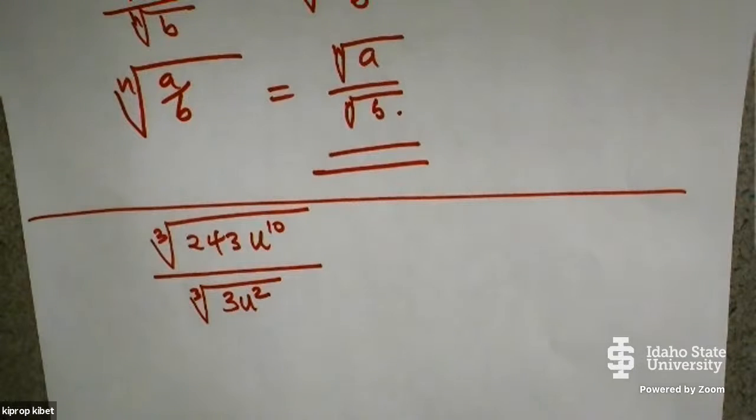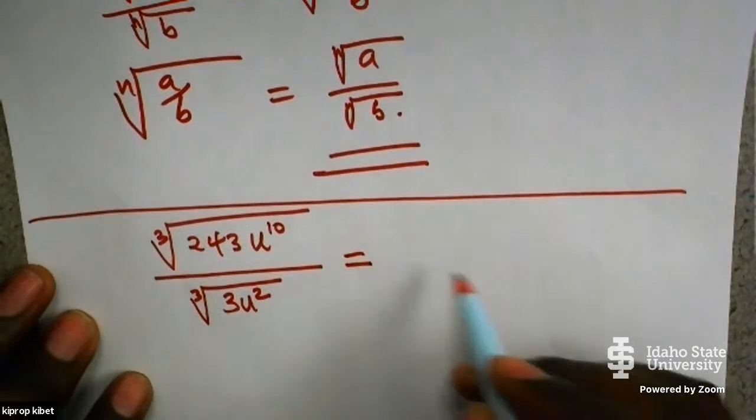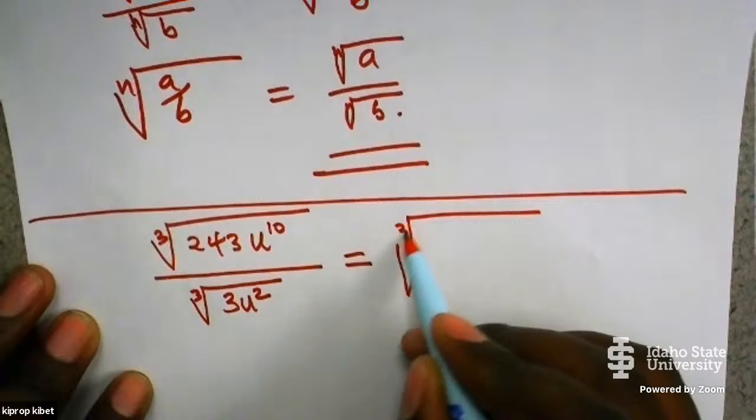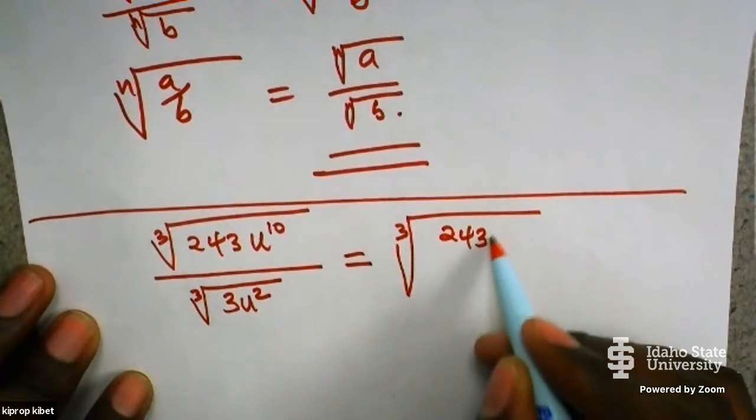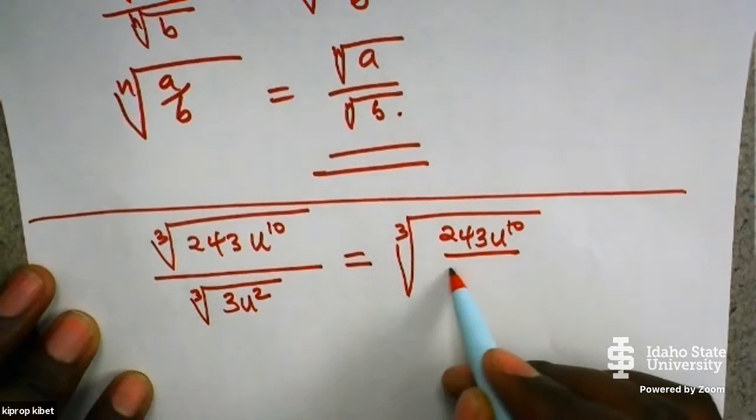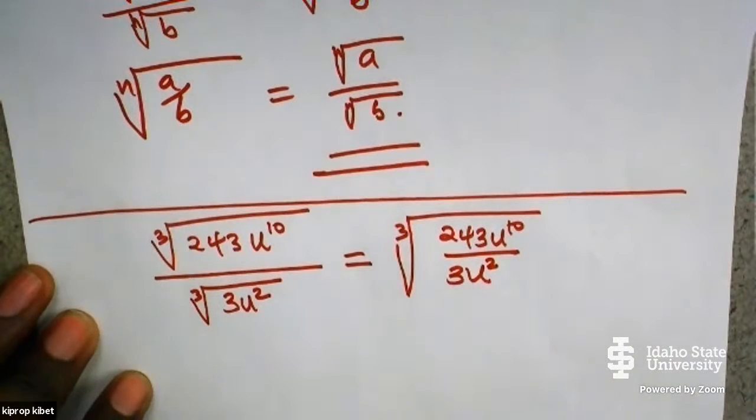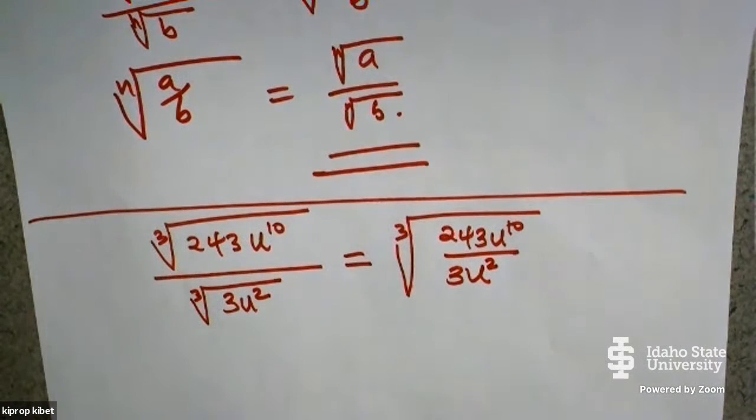Using the same way up here, it is similar to the cube root of 243 u raised to 10 all over 3u squared.